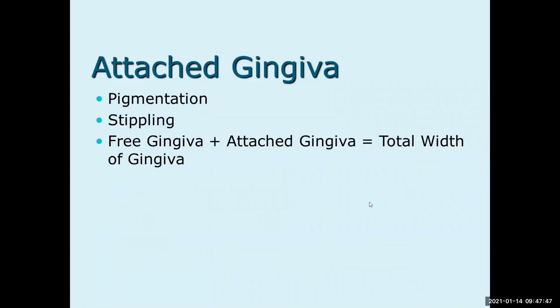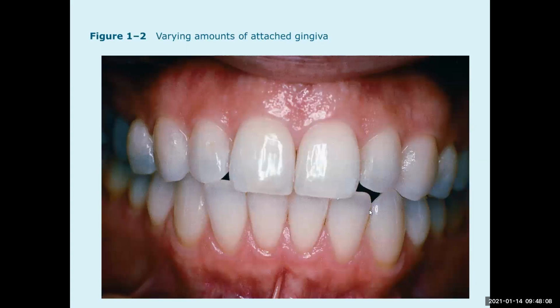Okay, so the attached gingiva. We're still discussing the parts. Free gingiva plus attached gingiva is the total width of the gingiva. That is what you're measuring with your periodontal probe, and then you're subtracting your probe reading or adding your recession to get your CAL. The CAL is something that you are going to be doing in your head and writing down or entering in.